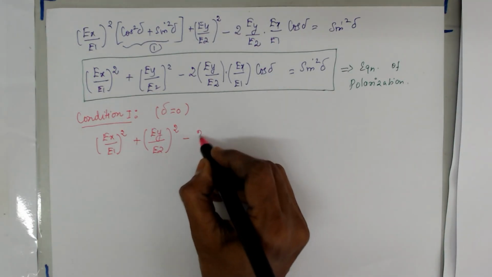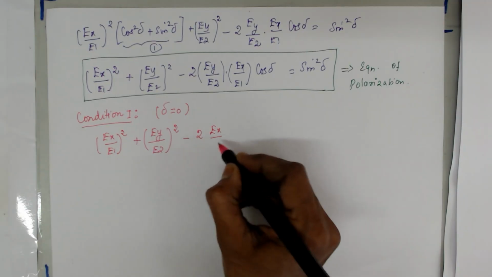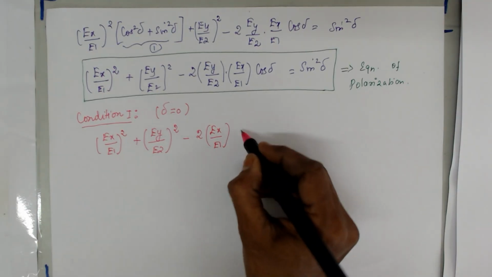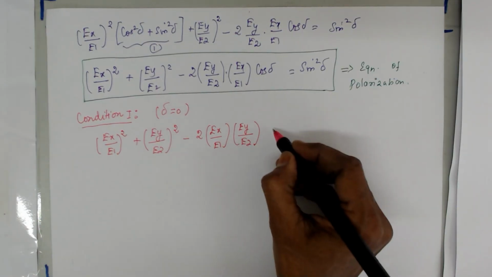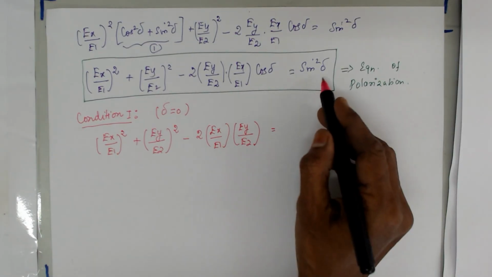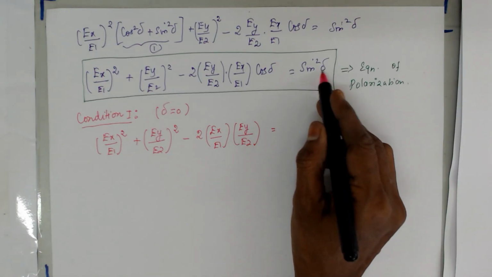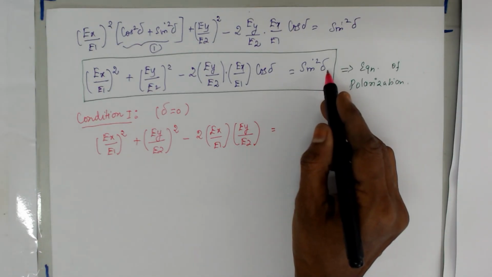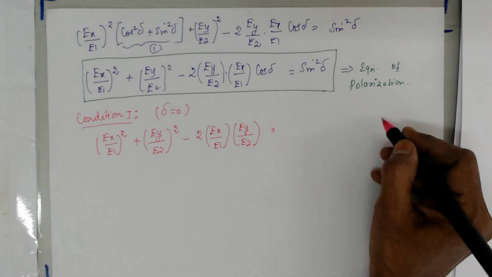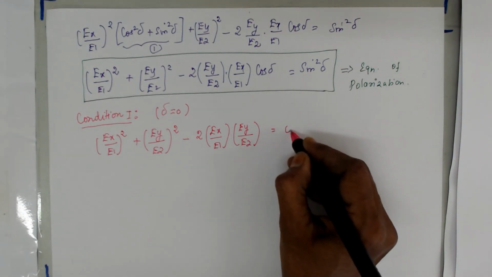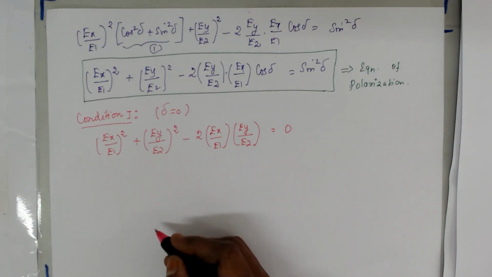So we have 2 into Ex by E1 into Ey divided by E2 is equal to, substituting delta equal to 0, we have sine 0. So sine 0 is 0, or else we can write this as (1 minus cos 2 theta) divided by 2, anyhow when we substitute you will get a value of 0. So let us have it as 0.